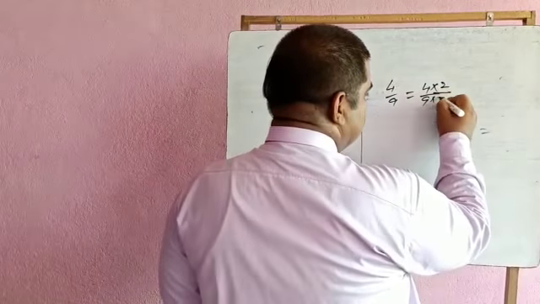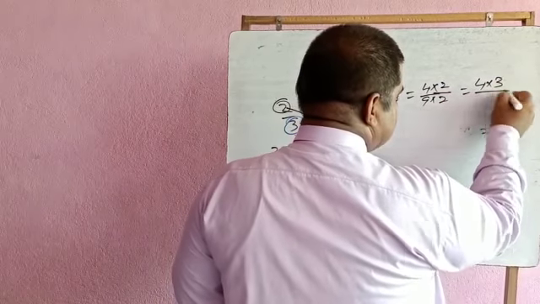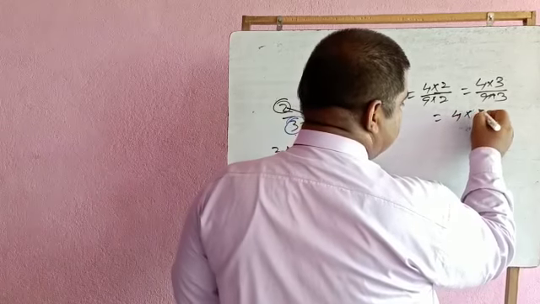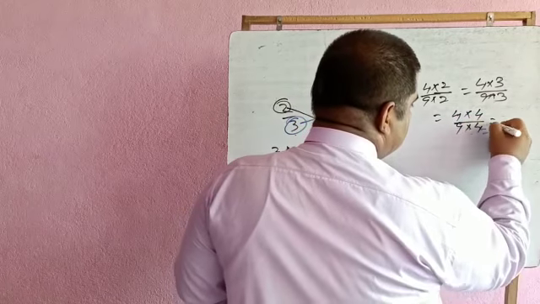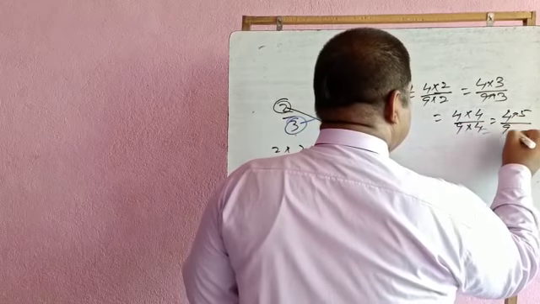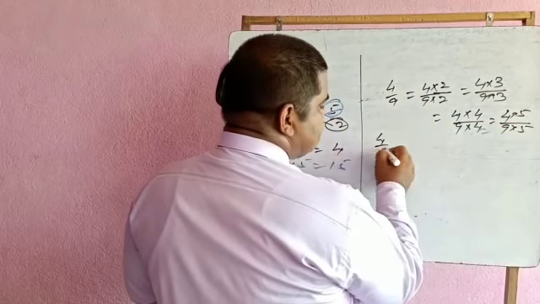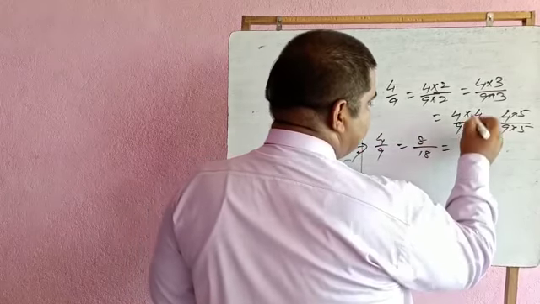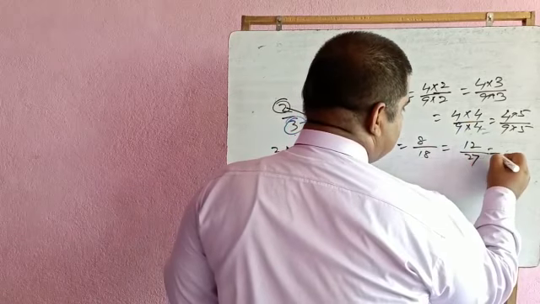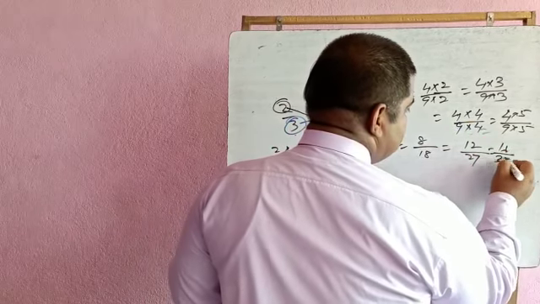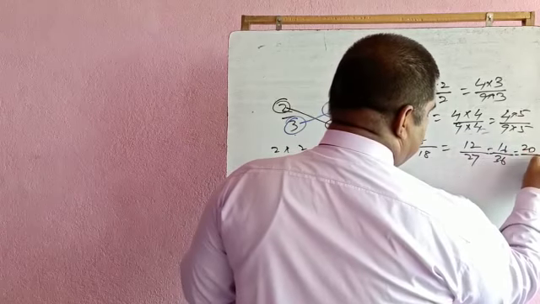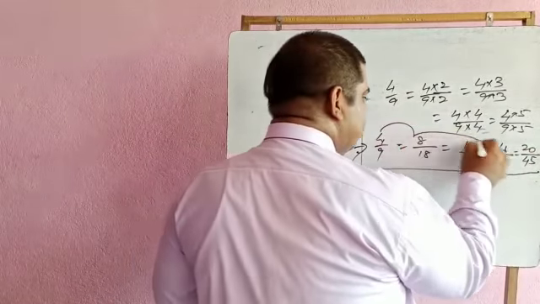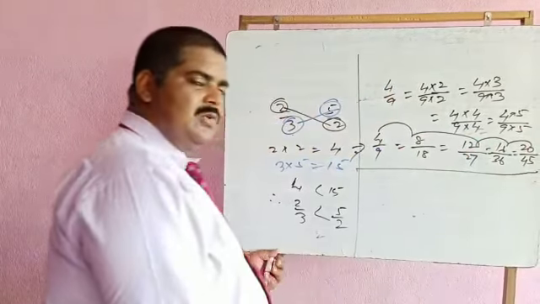I desire 2, then 3, then 4, 5, and so on. And the numbers you get are 8 upon 18, 12 upon 27, 16 upon 36, 20 upon 45, and all these rational numbers are equal.